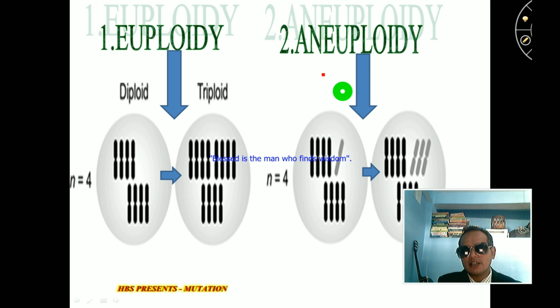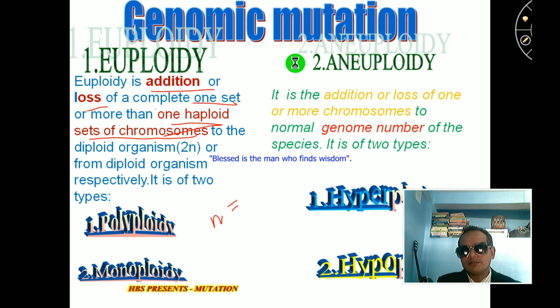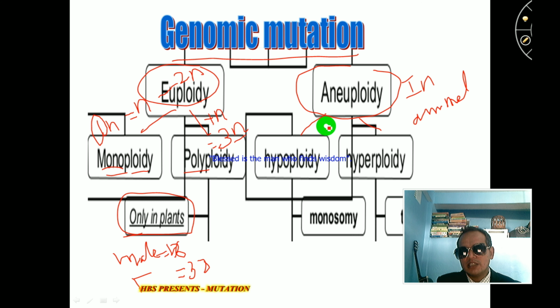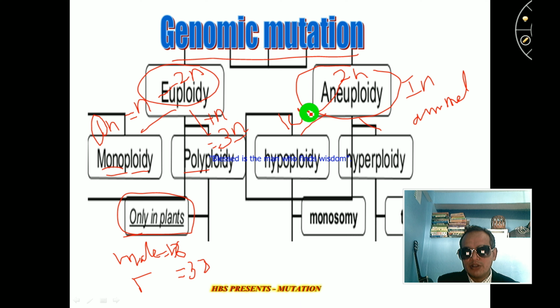On the other side, if you come back here, in aneuploidy, we have 2n number of chromosomes already. If one chromosome gets reduced from 2n, then it leads to the formation of hypoploidy. What does hypo mean? Less.